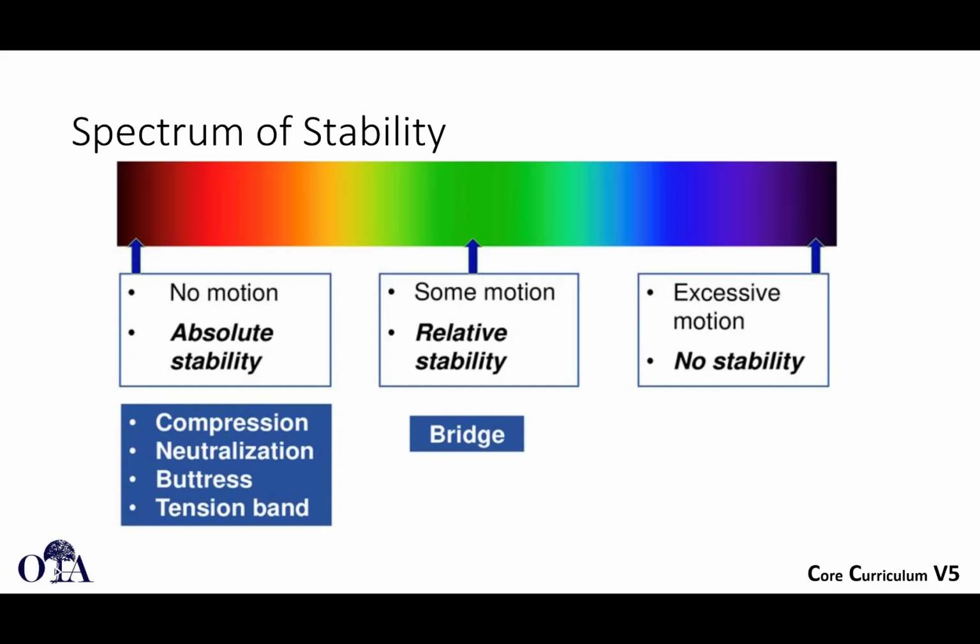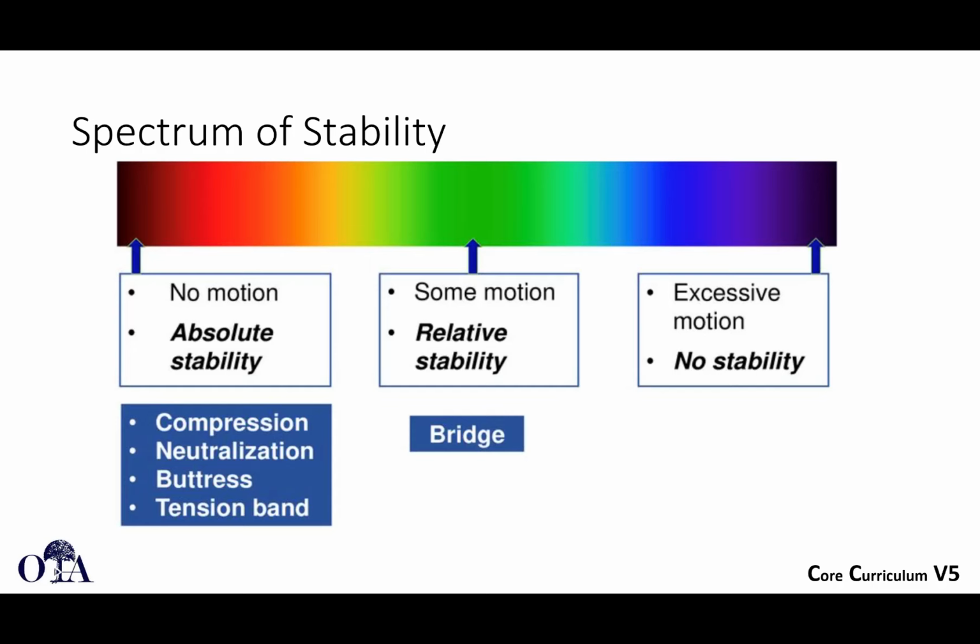So this is that spectrum of stability where you have absolutely no motion. If you're going to do that, you should have absolute stability, compression, and excellent anatomic bone contact. And if you have no stability, there's excessive motion, then you're at risk for non-union.